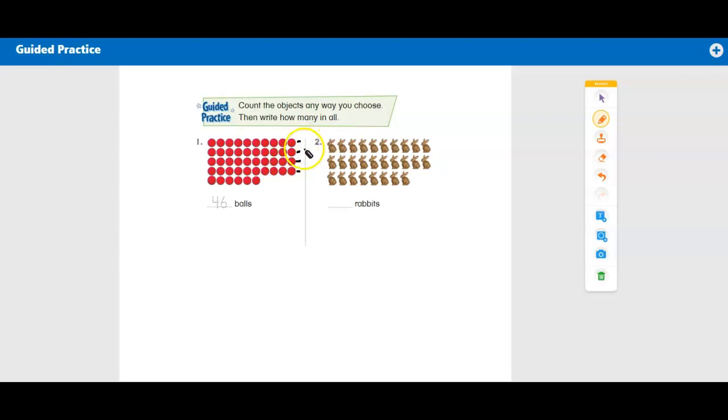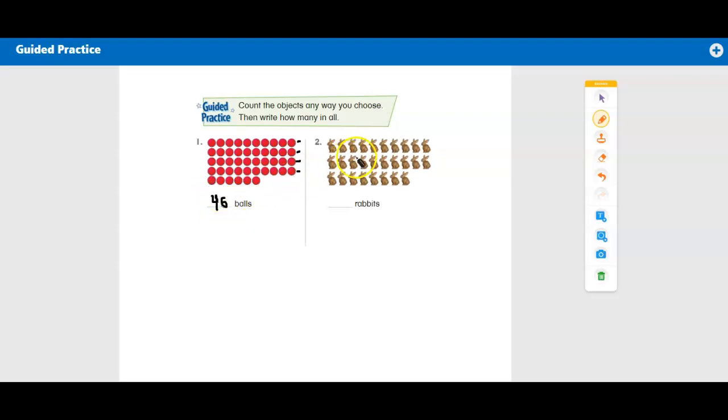So this would be 10, 20, 30, 40. Then I need to count the extras. 41, 42, 43, 44, 45, 46. There are 46 balls in number 1.